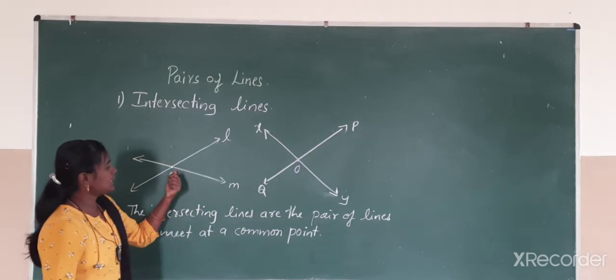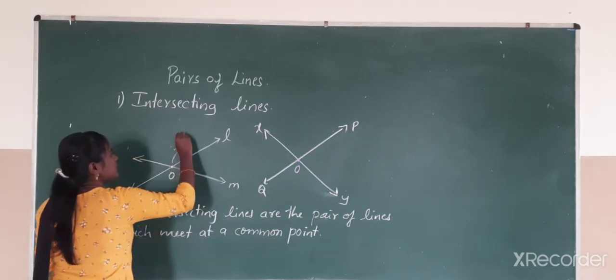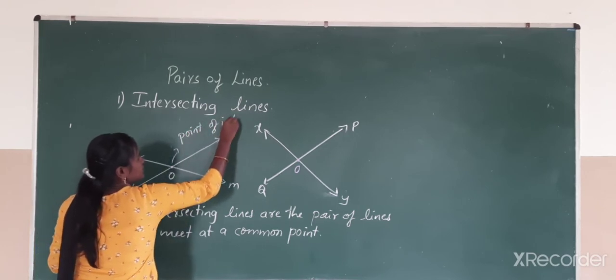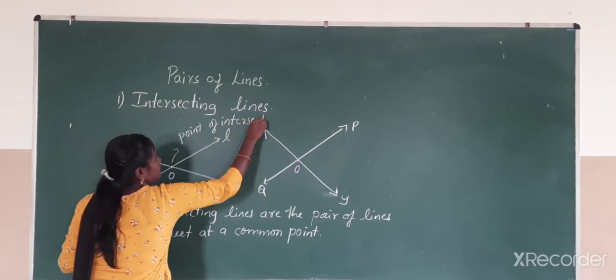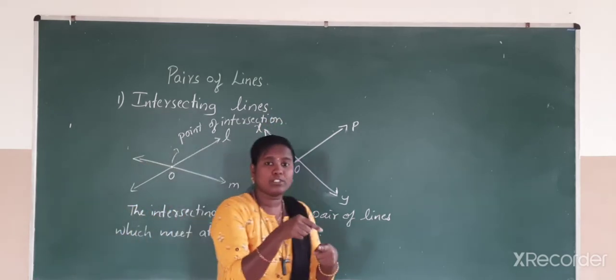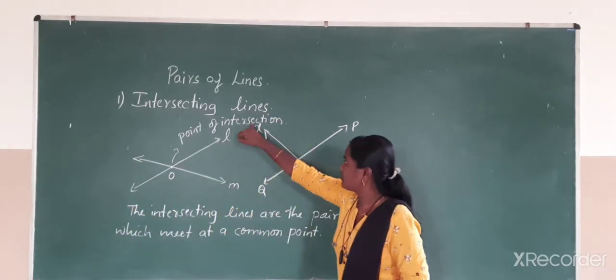Then what do you call that common point? The common point is nothing but the point of intersection. They are intersecting, therefore that point is called the point of intersection.